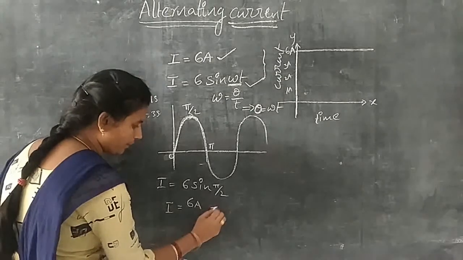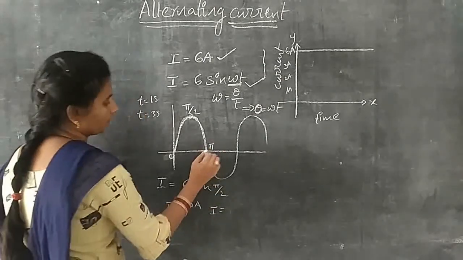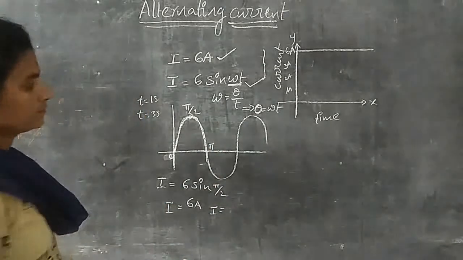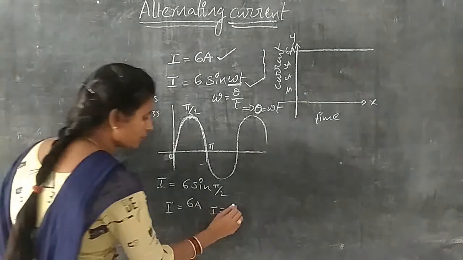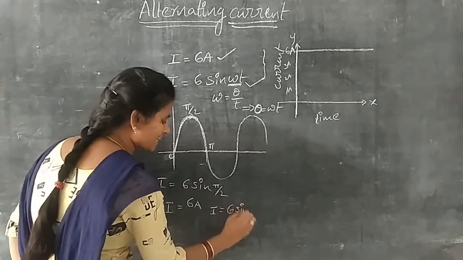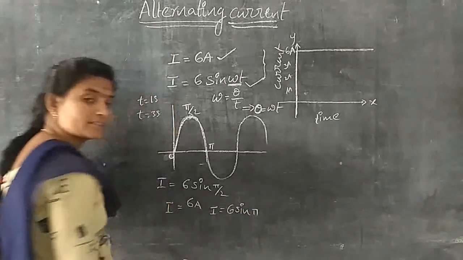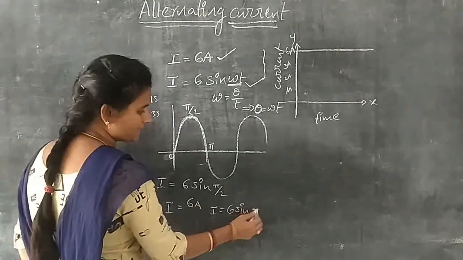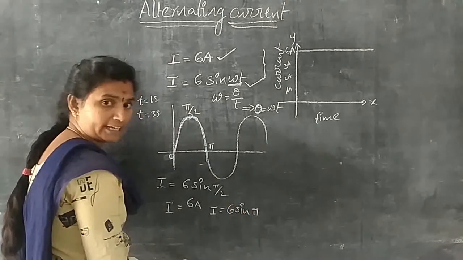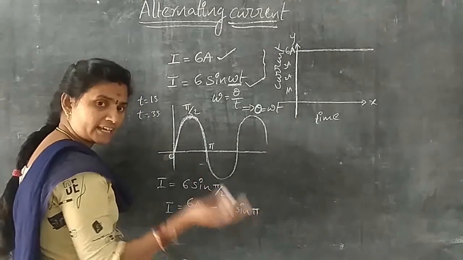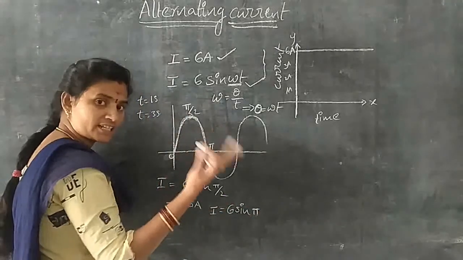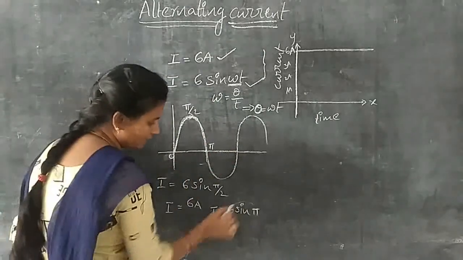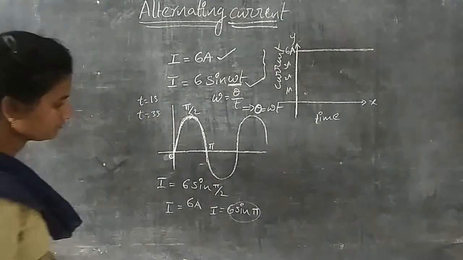Suppose for example theta is pi, then what will happen? 6 sin pi. Pi is nothing but 180, so sin 180, which is sin of 90 plus 90. Sin of 90 plus theta is nothing but cos, so it will be 0.